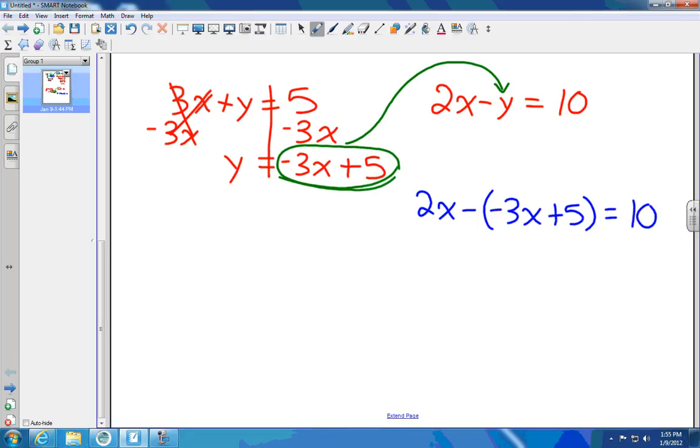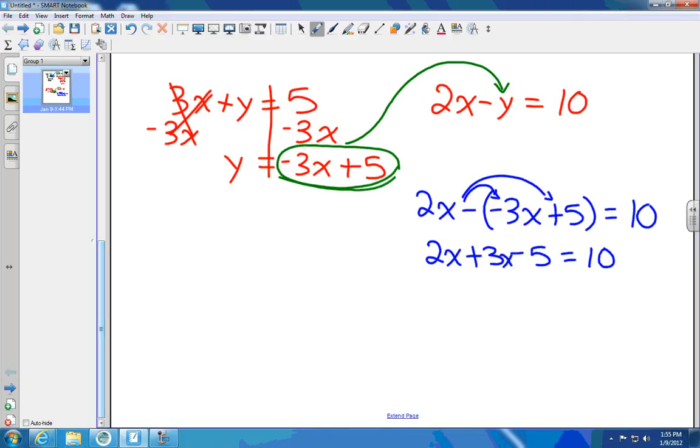If you don't put the parentheses there, there's a 95% chance, I would say, you're not going to end up getting that one correct. Really important to use parentheses there. And then what I would do is distribute that negative in and change both of the signs that there are in there right now. So instead of having negative 3x, it would be 2x plus 3x minus 5 equals 10. Make sure and keep those signs straight.